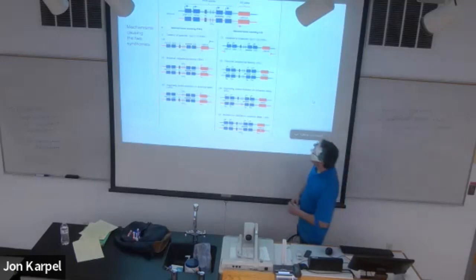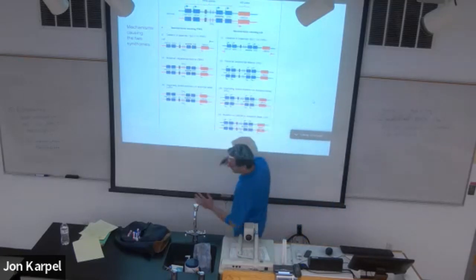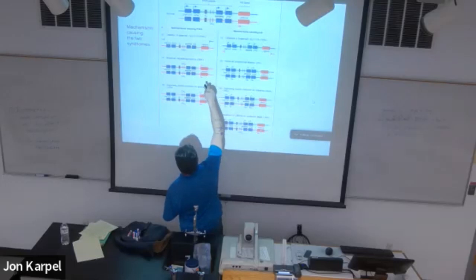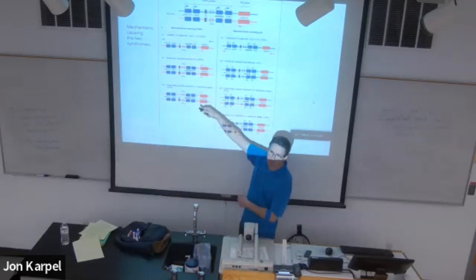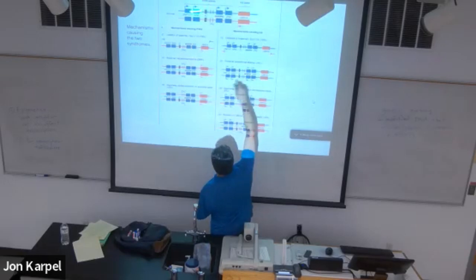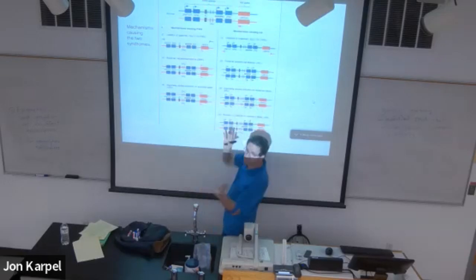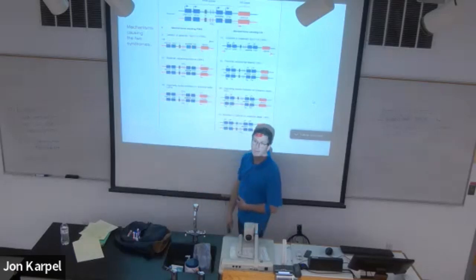Well, just look up here at the top. I stumbled on myself a little bit, but it's the blue ones that are silenced in the female and the red ones silenced in the male. And this is in humans. So when you have wild type copies of them both, it's fine. But if you delete one, like if you delete the paternal, where you're supposed to express the blue ones, now the blue ones are all gone.